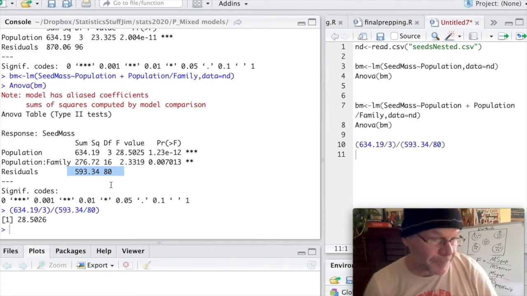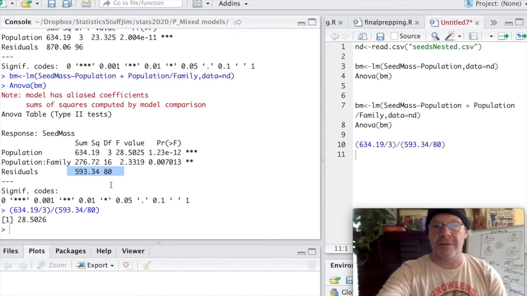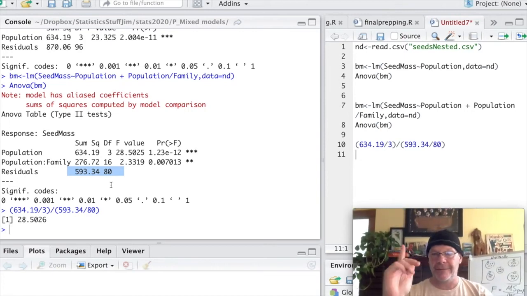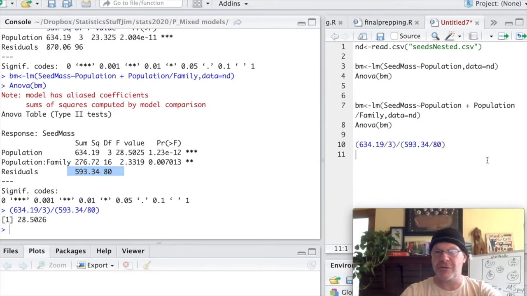Okay? And so we can go ahead and do this by hand. Again, this is not something you would probably ever do, because as we'll see, there are much easier ways to do these things. But let's go ahead.